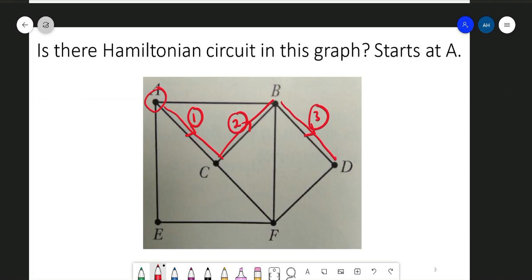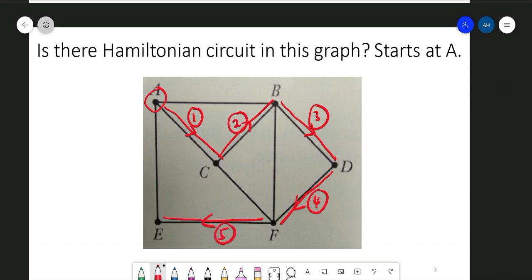Now where should we go from D? Of course we don't have a choice. We need to go to F. We can choose that way. So this is path number 4. Now from F we can proceed to E. This is our path number 5.